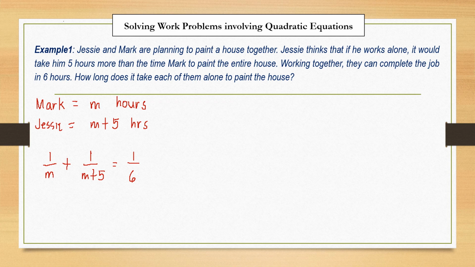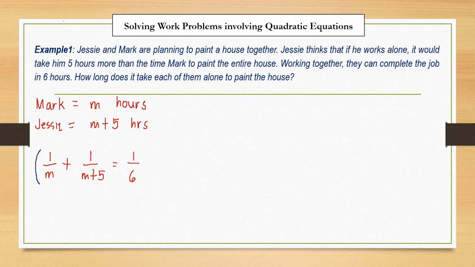So how can we describe this equation formulated? This is now a rational algebraic equation which can be transformed into a quadratic equation. So if we try to recall our lesson on solving equations transformable to quadratic equations, for this rational algebraic equation to be transformed into a quadratic equation, we must multiply the entire equation by the LCM of all the denominators.